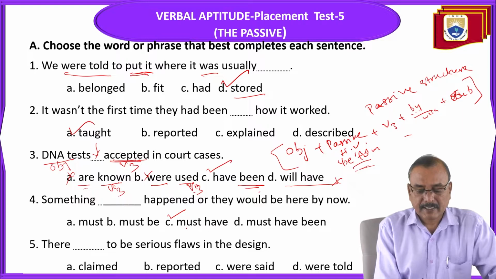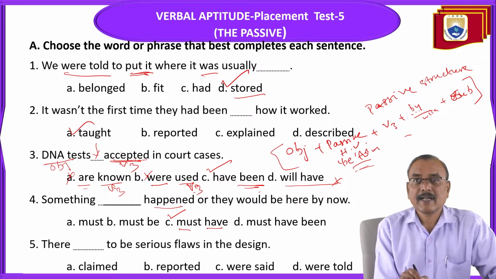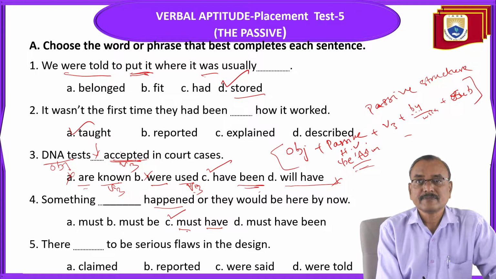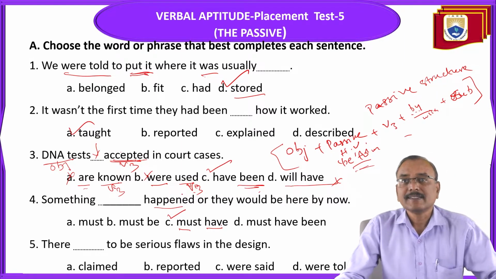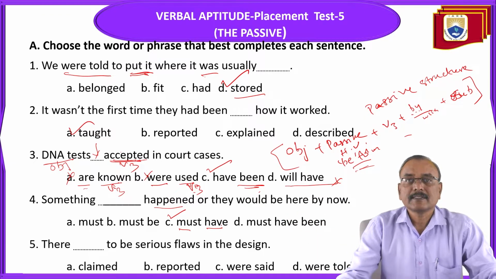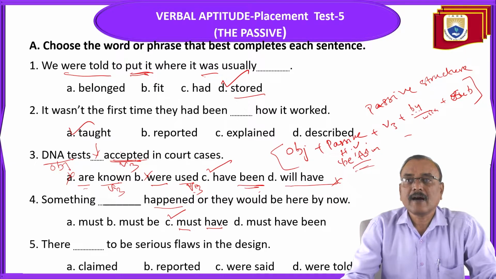After "must have" plus V3, no B form is needed here, because it is already a helping verb. After the helping verb, "have happened" is also considered a passive-type structure. Something must have happened, or they would be here by now.